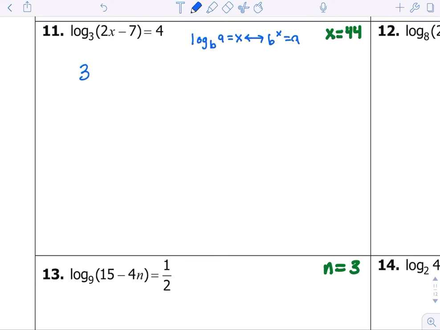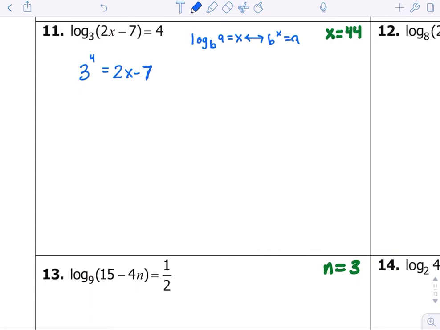Our x value is going to be 4, so it's going to be 3 to the 4th, which is equal to 2x minus 7. I am using this formula and making it into that formula right there. If it confuses you, then just keep on using the formulas to help you out.